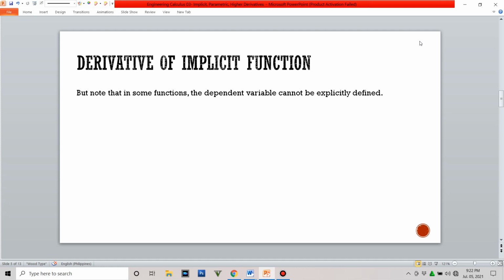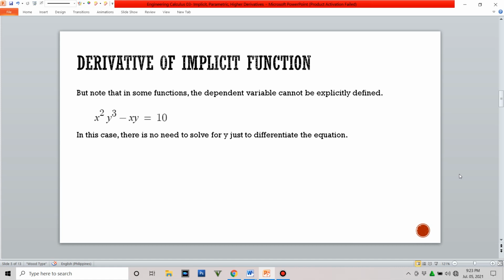But note that in some functions, the dependent variable cannot be explicitly defined. Just like this expression, we have x squared y cubed minus xy is equal to 10. Take note here that y is no longer in terms of x, and it could be very difficult to solve for y in terms of x.